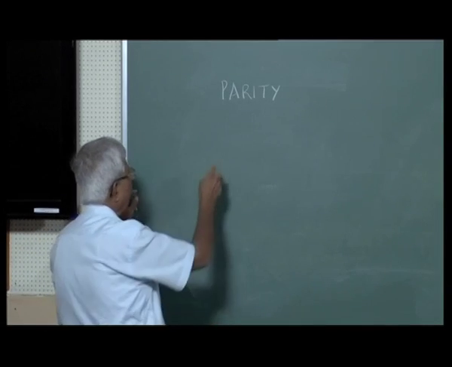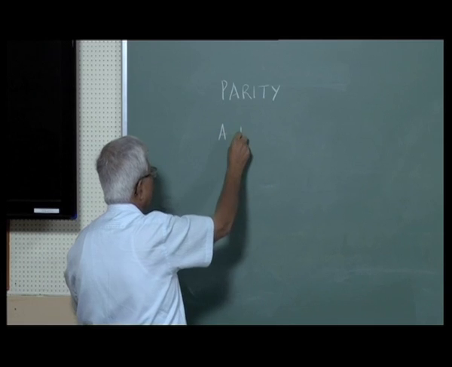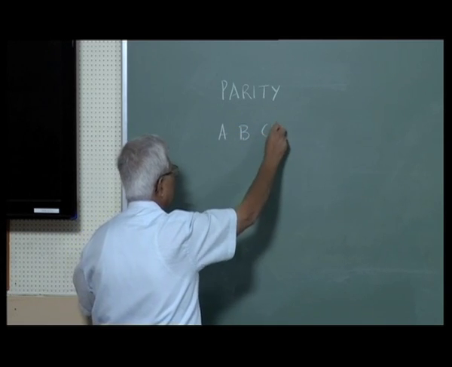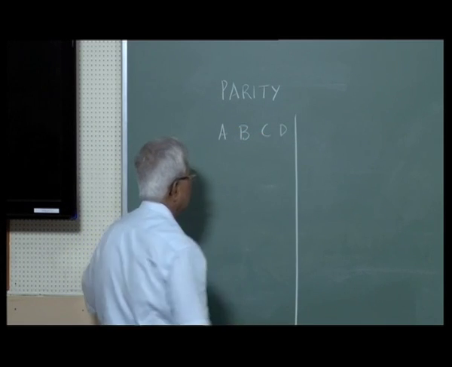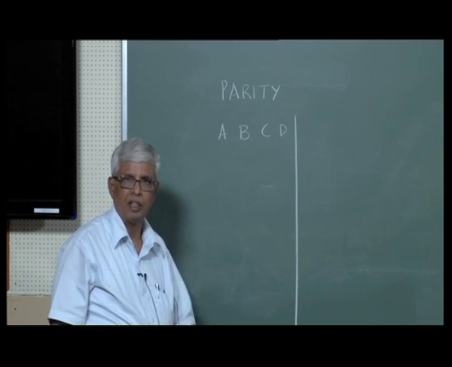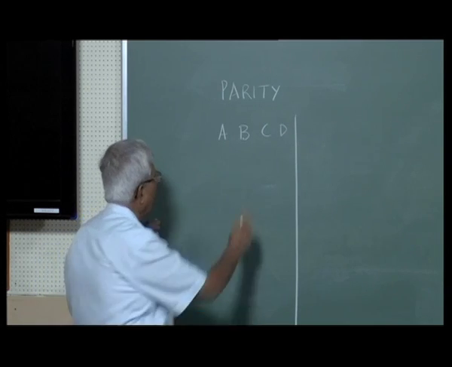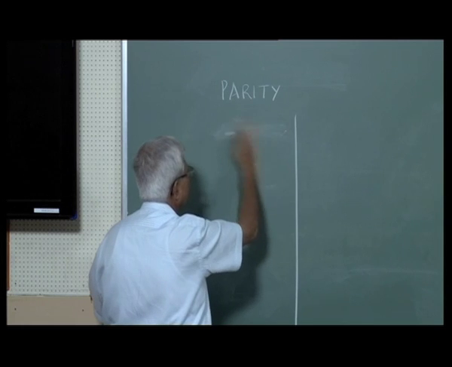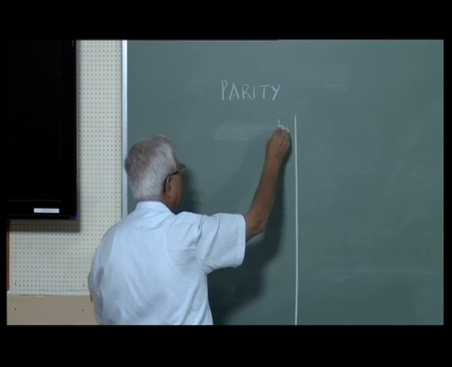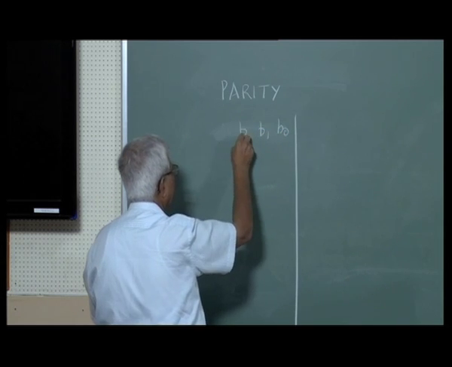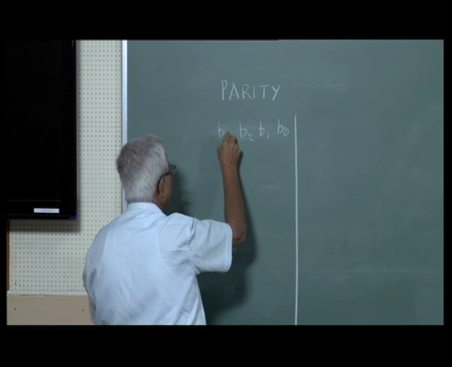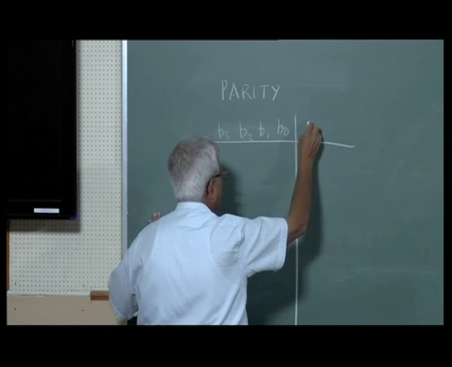So, supposing I have 4 bits, ABCD, or B0, B1, B2, B3. Bit number 0, bit number 1, bit number 2, bit number 3, and I want to generate a parity bit.